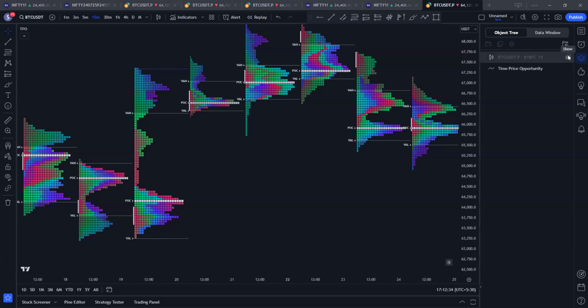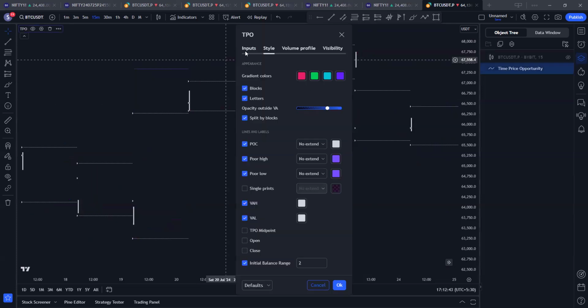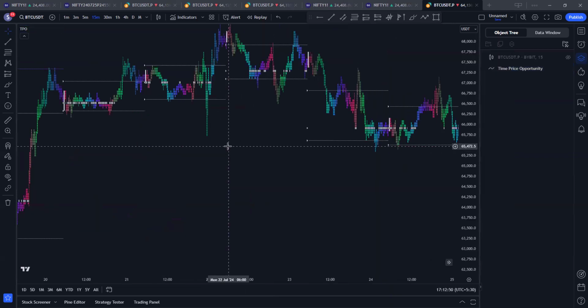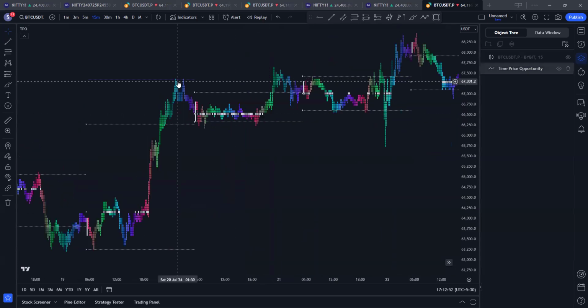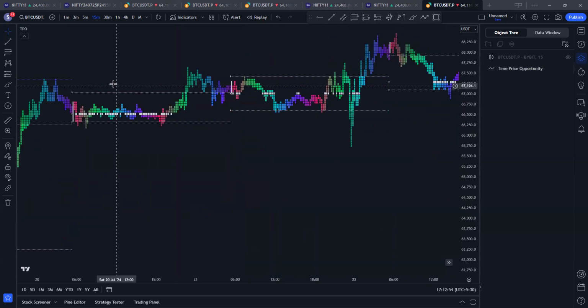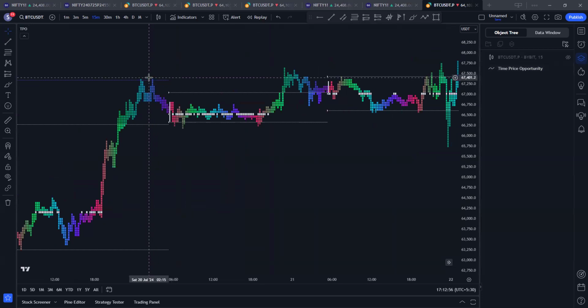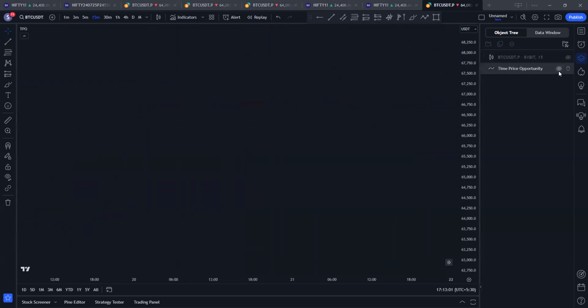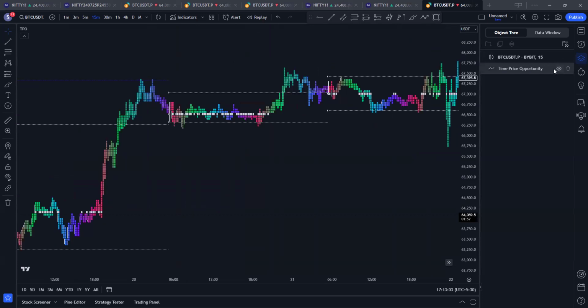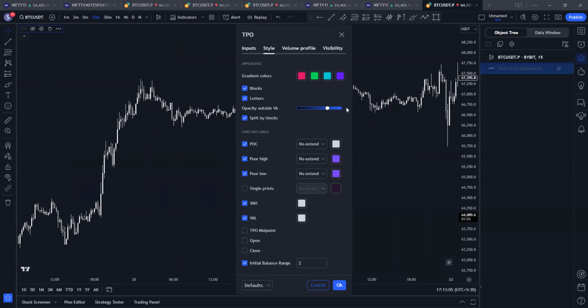I have covered why this works in my liquidity video, you might want to check that. I will show you how this looks. Like I told you, these are the two TPOs. We spent too much time there, so that's why we have this. If we turn this off, let's turn both on.